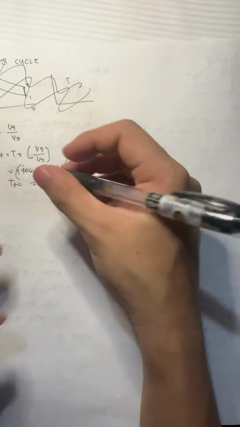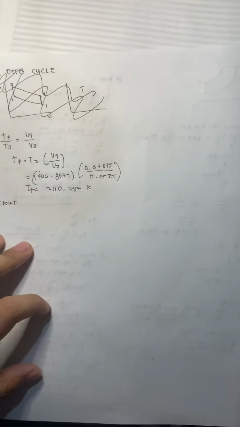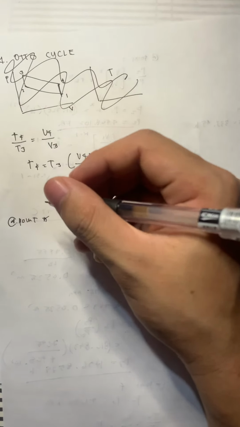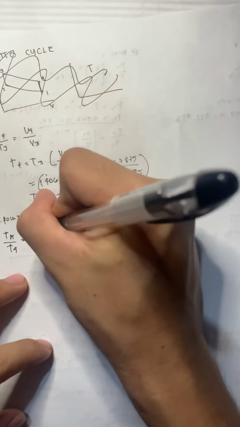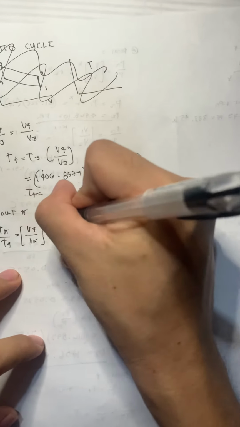And the last corner is at point 5. Here at 5, T5 over T4 equals V4 over V5 to the K minus 1.